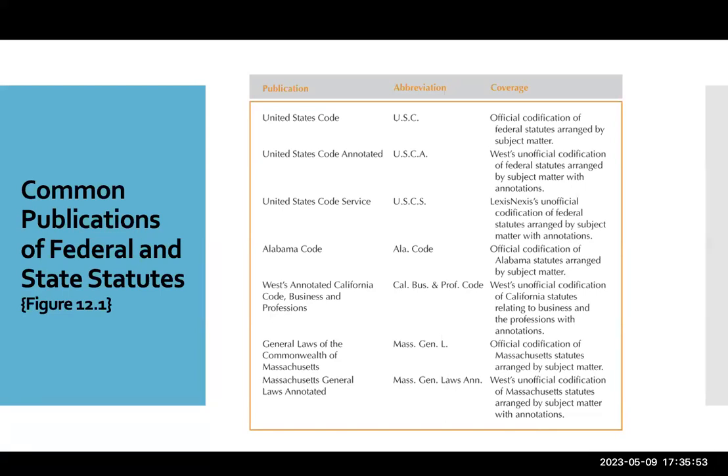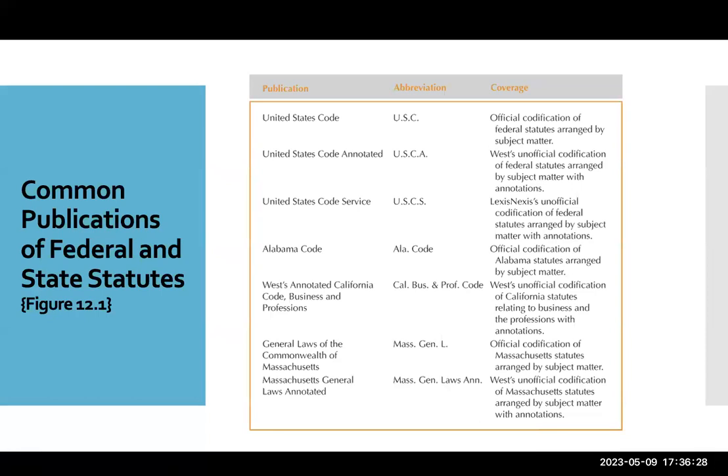The unofficial versions are almost always annotated and are much more useful to somebody conducting legal research. Annotations will contain references to prior versions of the statute, legislative history behind the statute, and most importantly, cases that have construed the statutes.